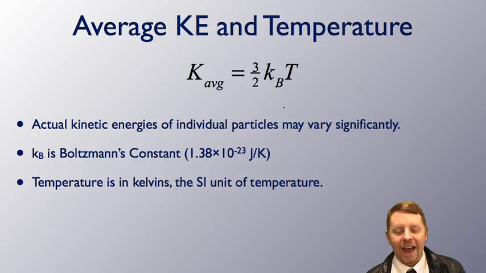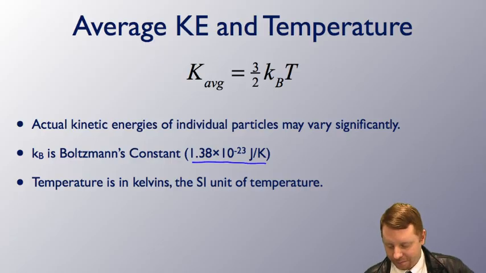However, the average is 3/2 times Boltzmann's constant, which is 1.38 times 10 to the minus 23rd joules per Kelvin, times the temperature in kelvins. Now, if you have two objects with the same temperature and therefore the same average kinetic energy, that does not necessarily mean they have the same internal energy. Got to be careful of that.